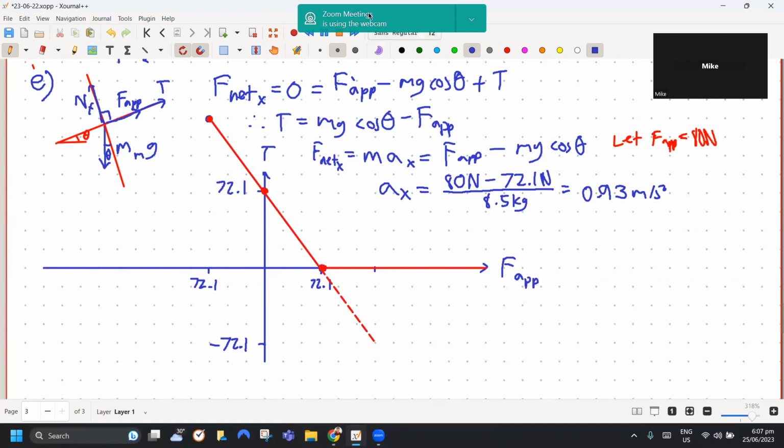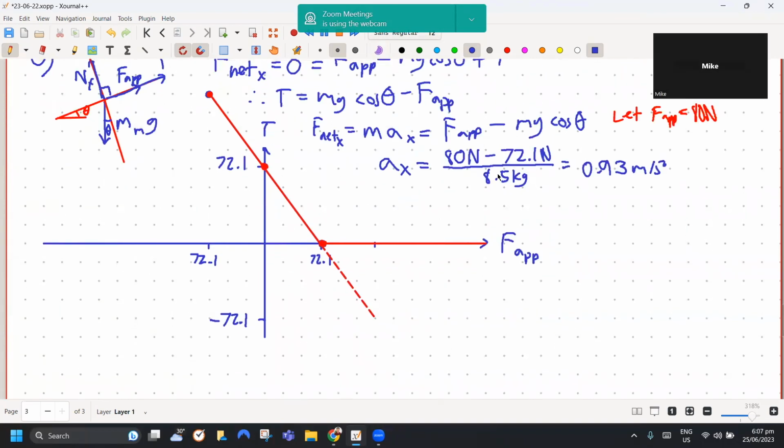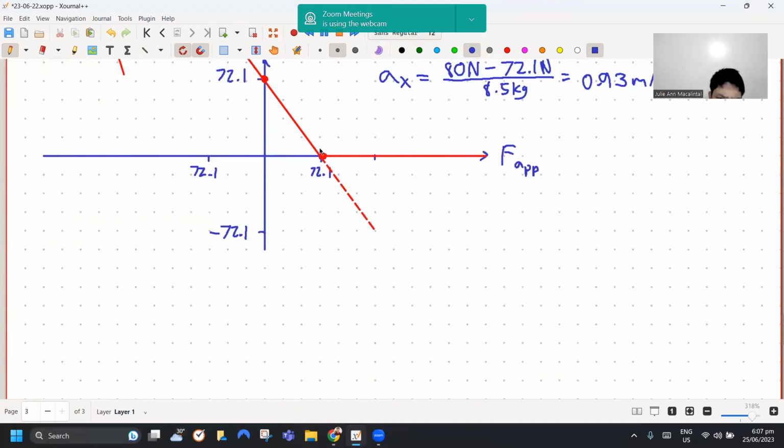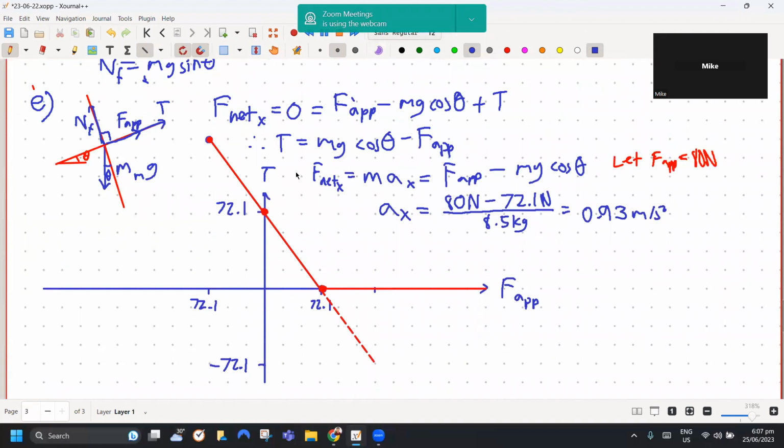So yung graph acceleration as a function of applied force. So anong magiging shape nun? So a sub x is equal to... So set up mo muna yung equation. Hindi, huwag ka muna mag-graph. Set up mo muna yung equation. Tapos unknown yung F applied. So a sub x is F applied over m.